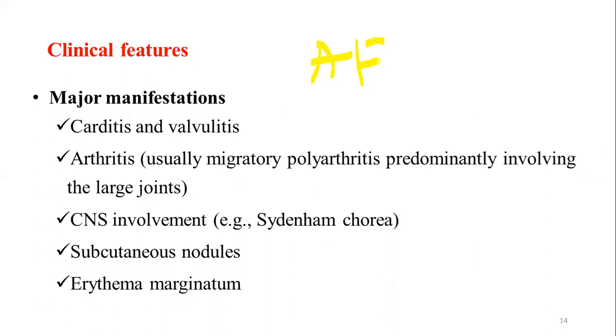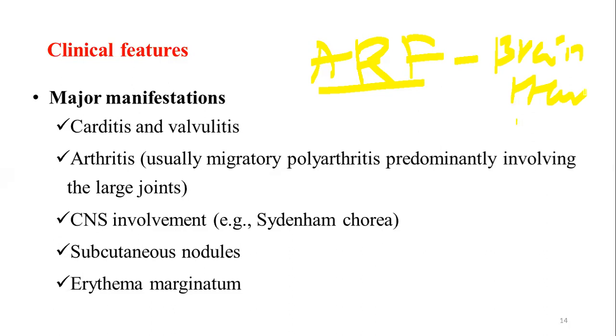Acute rheumatic fever, ARF. I have already said the major organs are the brain, the heart, the joints, and of course it can also involve the skin. So when you look at the major manifestations of this condition, it relies on these areas.